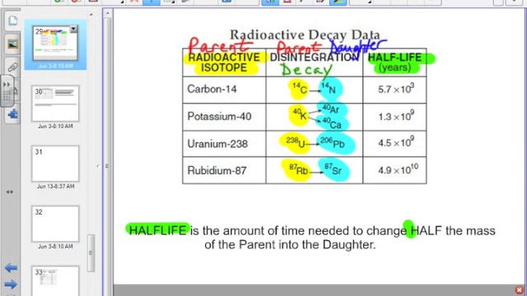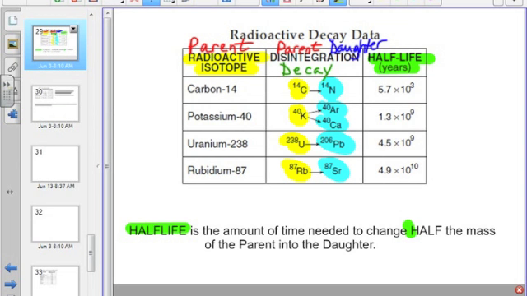So every time we go through this period of time listed in the 3rd section of this table, half the mass of the parent changes into the daughter. Over time, the amount of parent gets halved and halved and halved, so it gets smaller and smaller and smaller each half-life, and the amount of daughter gets greater and greater and greater because it increases each half-life.